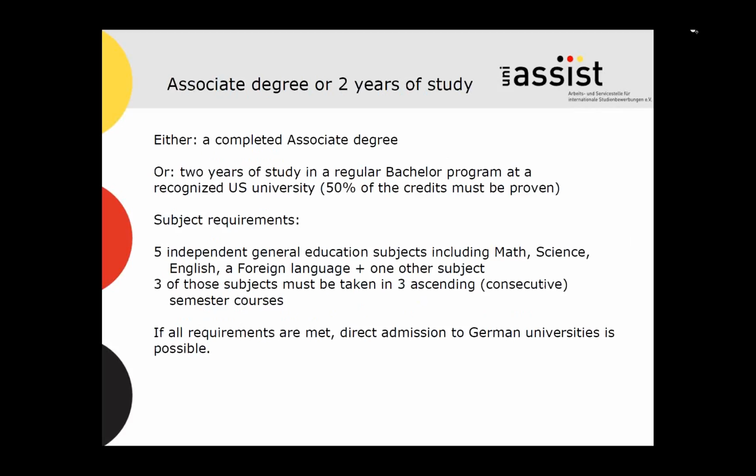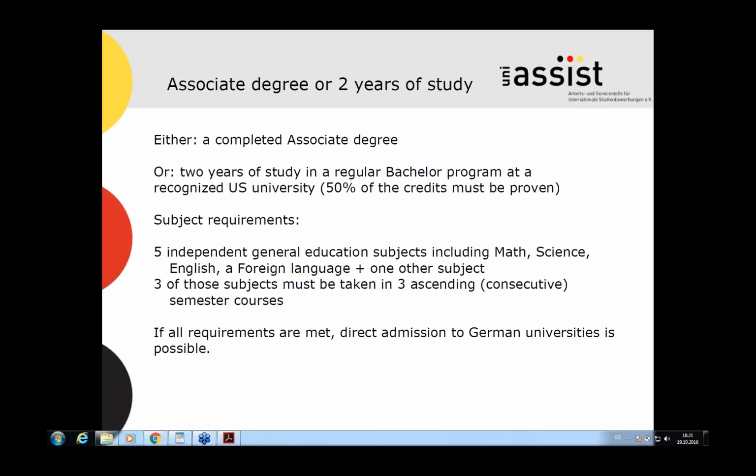Another option to be eligible to apply directly for a German university is completion of an associate degree, or studying 2 years in a regular bachelor program at a recognized US university.